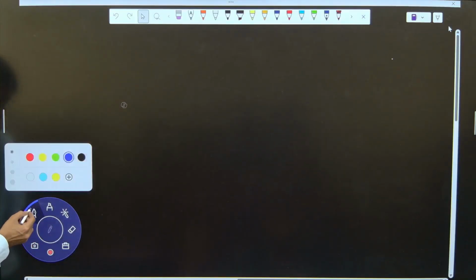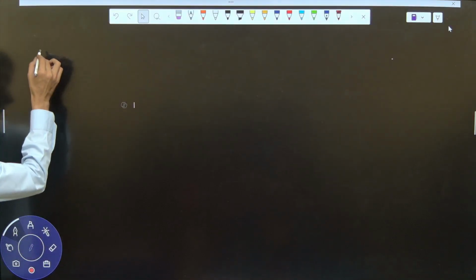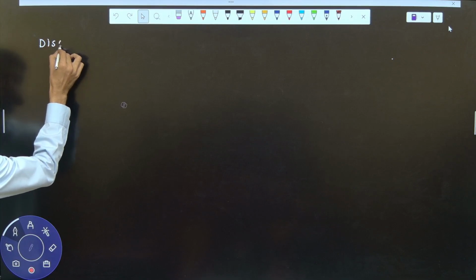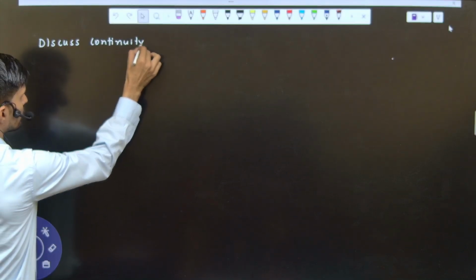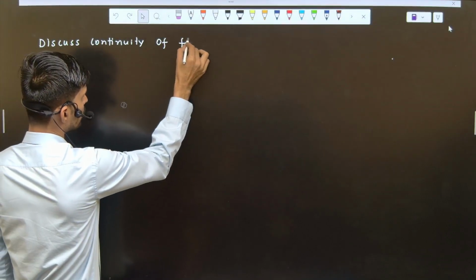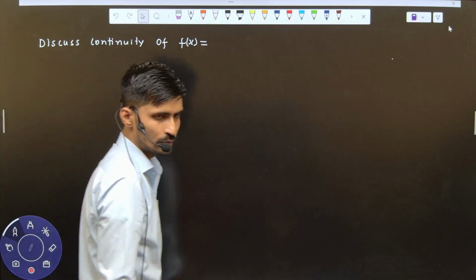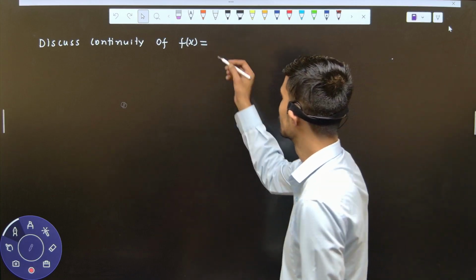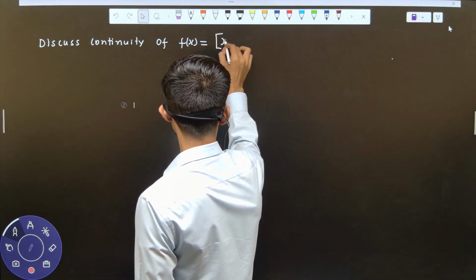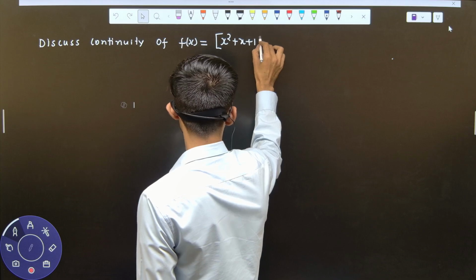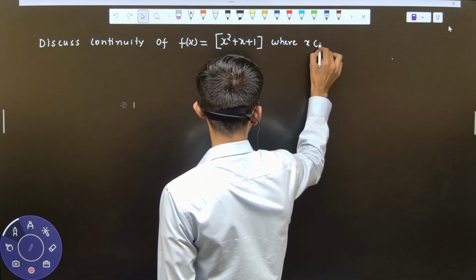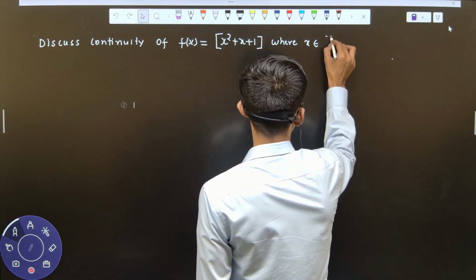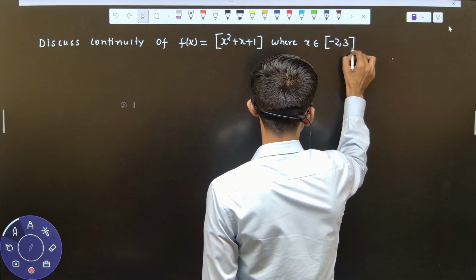Discuss continuity of f(x) = [x² + x + 1], where x belongs to -2 to 3.